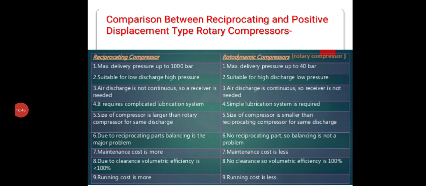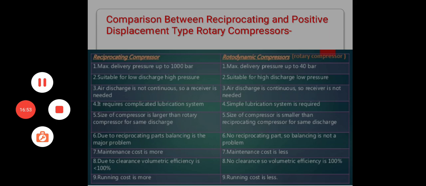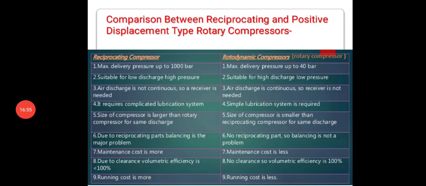Now we are going to briefly review the comparison between the reciprocating compressor and the rotary compressor. In the reciprocating compressor delivery pressure is up to 1000 bar, but in the rotary compressor the maximum delivery pressure is up to 40 bar.